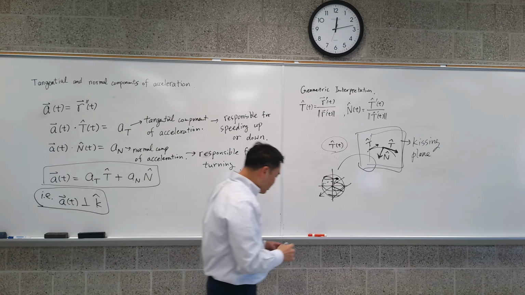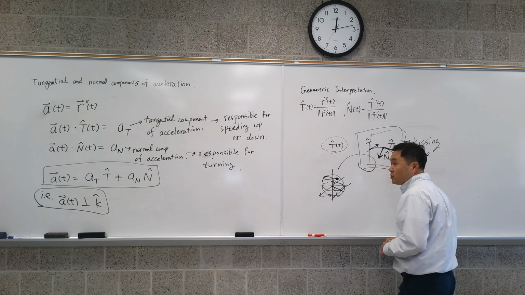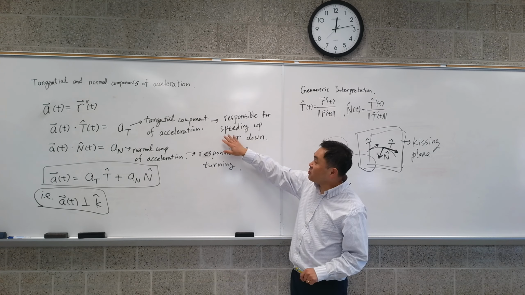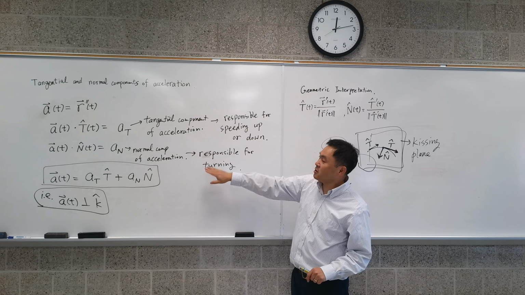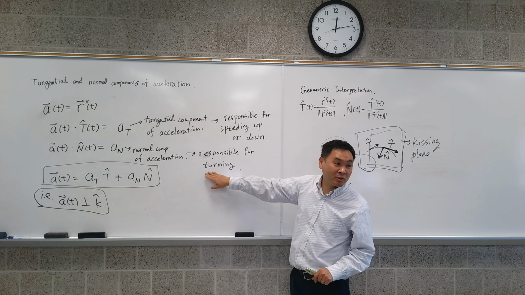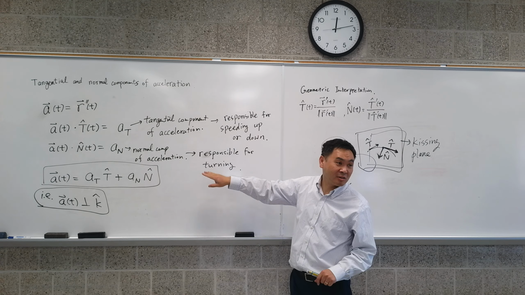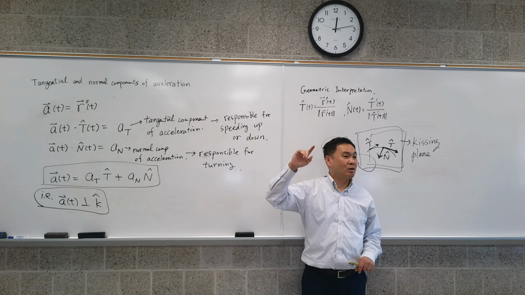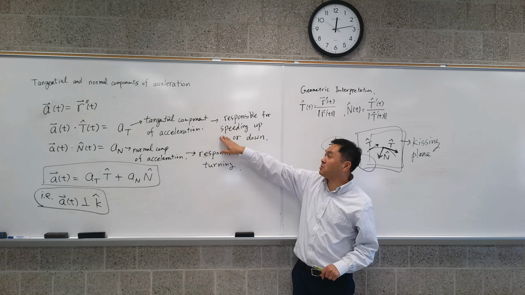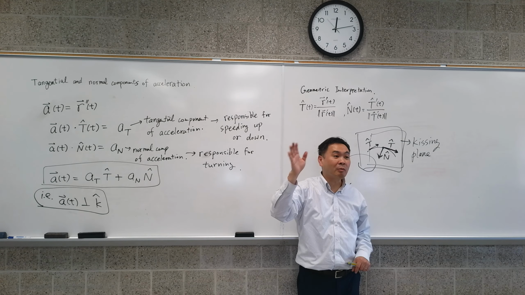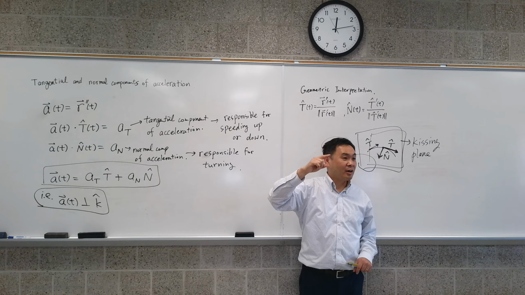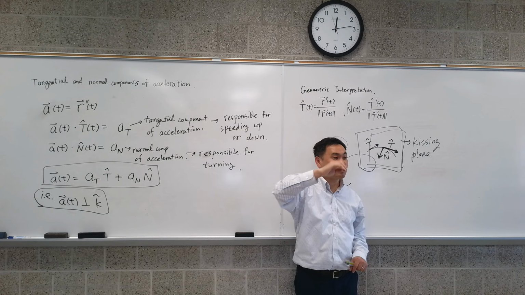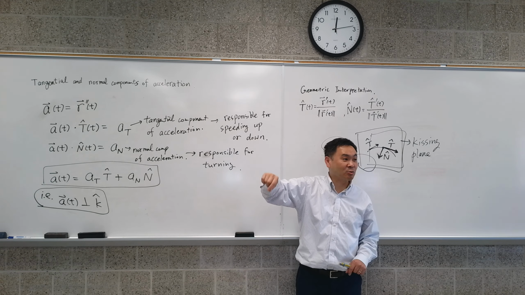Okay, in other words, what happens if the tangential component is 0 and the normal component is something constant? What would that mean? Well, because the tangential component is 0, it's not going to be speeding up or down, right? And then because the normal component is constant, it will bend at a constant rate.